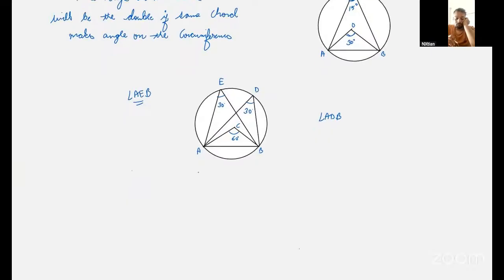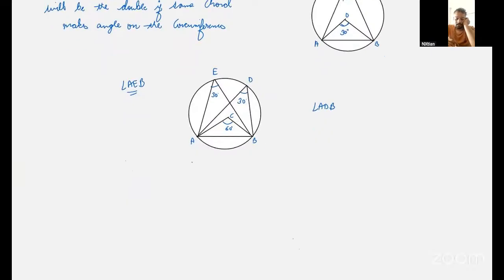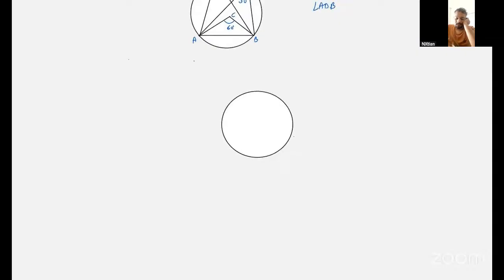So we can conclude one more theorem regarding this, and this theorem says that if a chord makes angles on the circumference, then all the angles on the circumference will be equal, no matter how many angles there are. The same chord should be there.